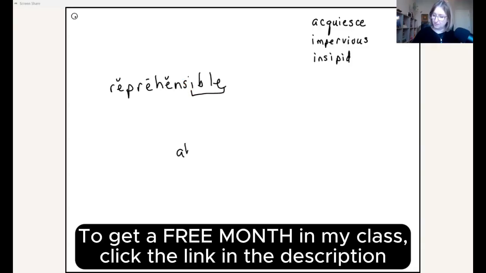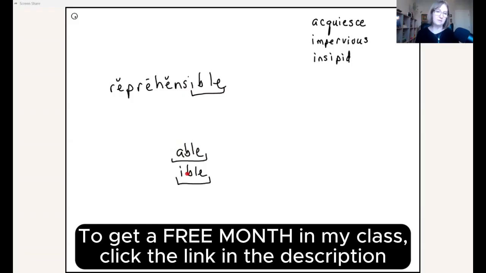There you're going to see ubble and ibble at the end of words. Those are common suffixes. This one means able to, like spendable, printable, washable, able to be spent, printed, or washed.